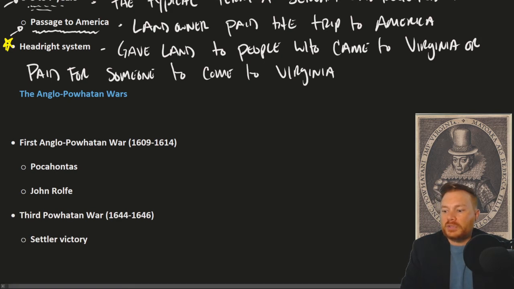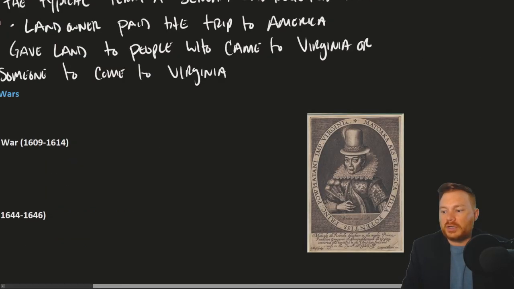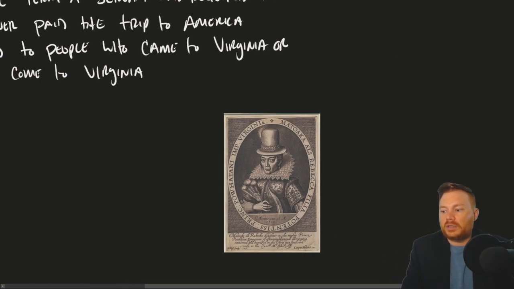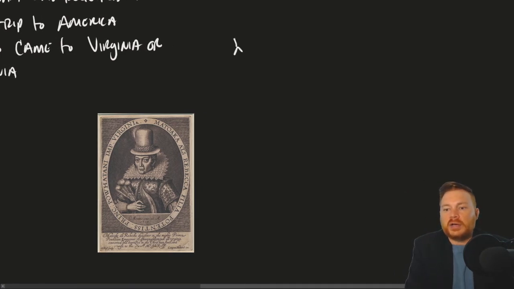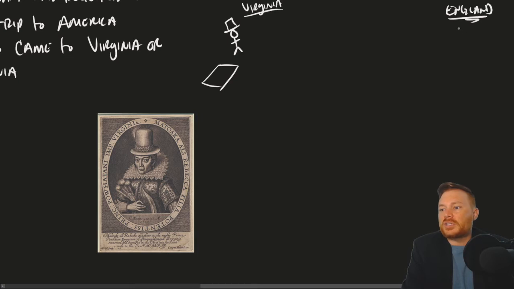to arrive. So really the way that this worked, and we can illustrate it here really quickly, is that in Virginia, you had this class of landowners. We'll put a fancy hat on him here, right? He has a plot of land. So this is Virginia, and this is England. A lot of poor people in England just got kicked off their land.